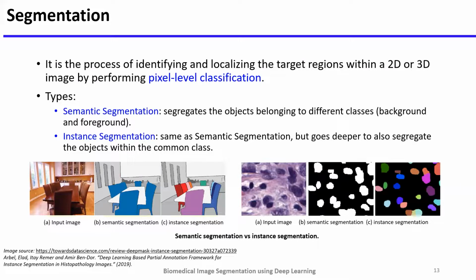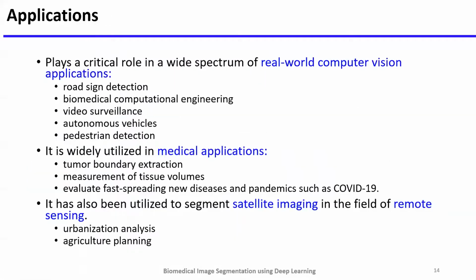But once we are performing the instance segmentation, we are having a variety of views as far as the individual class is concerned. The applications of biomedical image segmentation as well as biomedical imaging are quite popular these days.